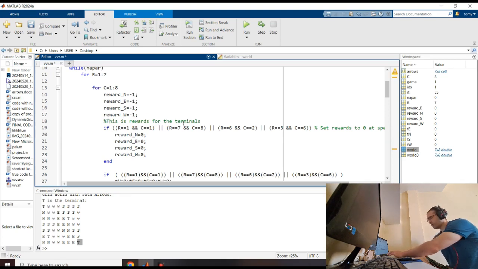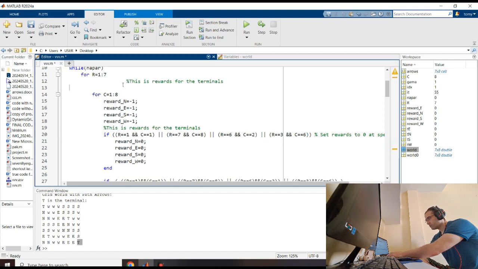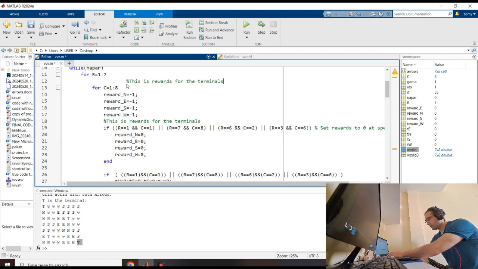This is rewards for terminal, and this is rewards for getting out of the world.